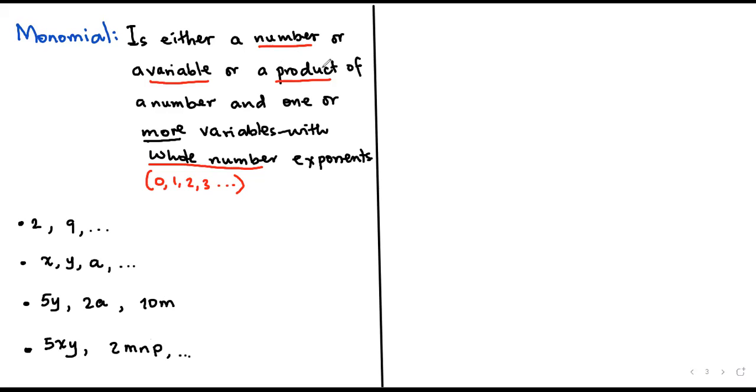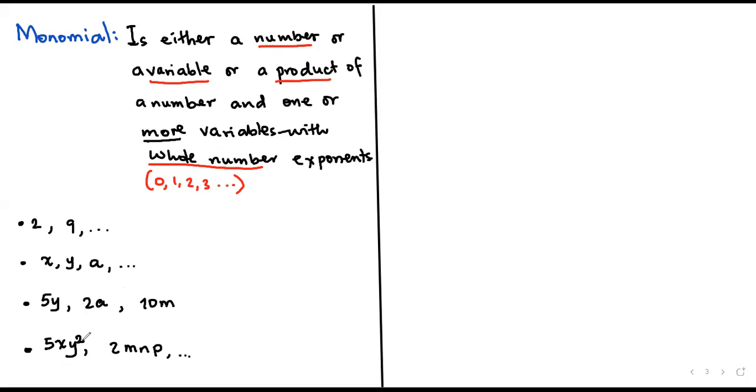It can be a number, it can be a variable, it can be a product of one or more variables. But the most important thing, we are saying that if it has got the exponent, then that exponent must not be a negative. So this means that I can even put here, let's say, the exponent of 2. I have 5xy squared.